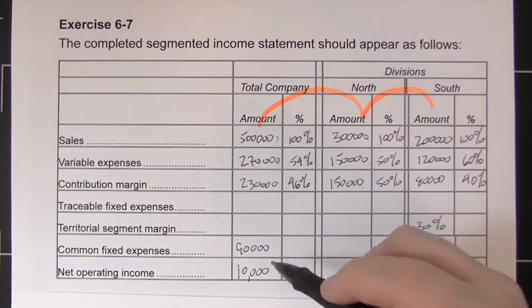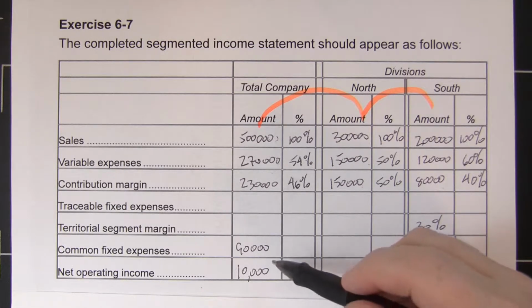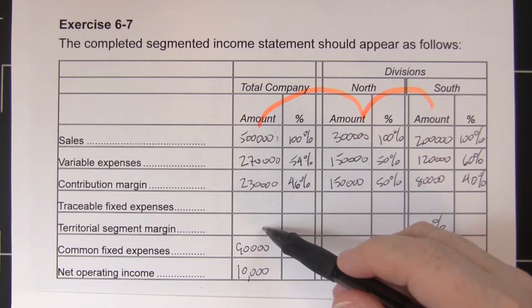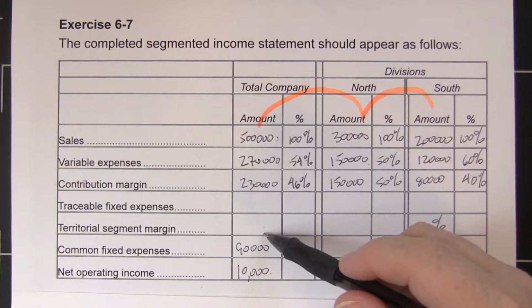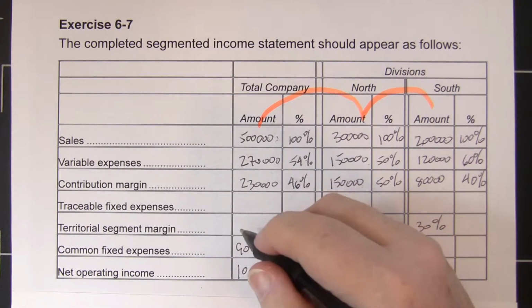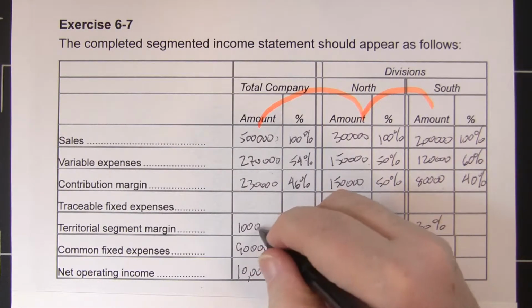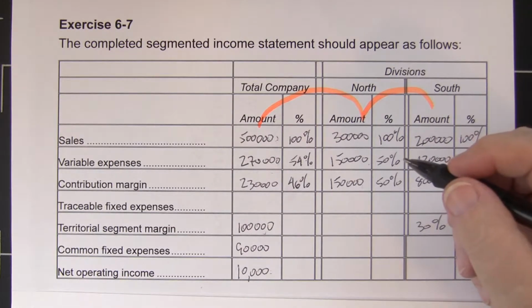So if we subtract our common fixed expenses from our total segment margin for the company and come up with 10,000, the total margin for the whole company has to be 100,000. Just has to be.